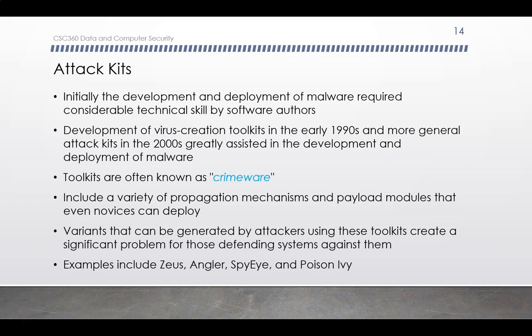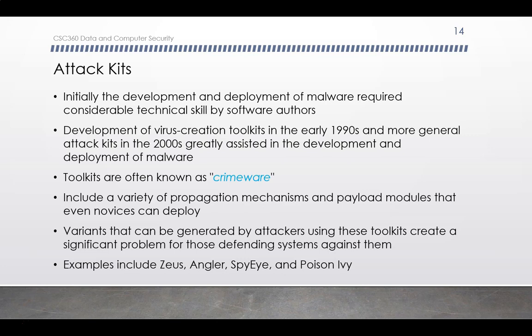Historically, looking at the way malware was introduced, it required considerable technical skills by these adversaries. But with the advent of these attack kits, it's made it easy for someone with less technical proficiency to be able to perhaps develop malware and distribute it.